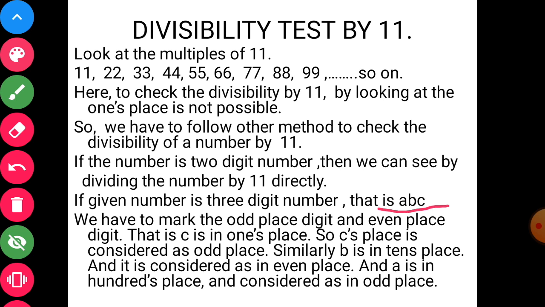If 3-digit numbers are there, say 123, now what we do is go on writing 1, 2, 1 above this number, where this ones digit is considered as odd place.